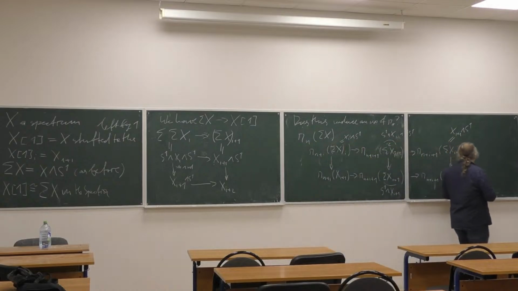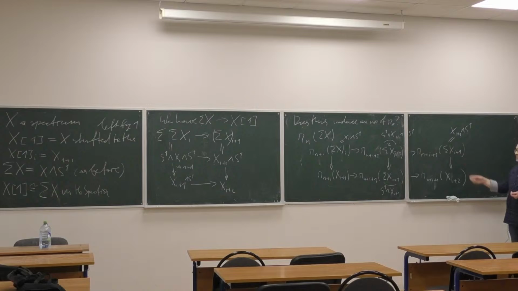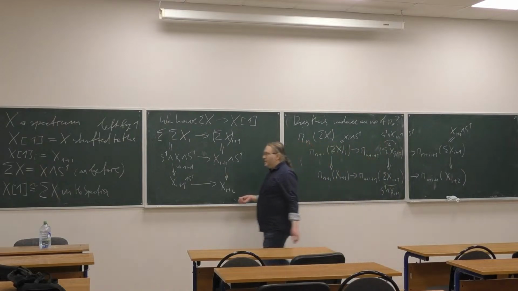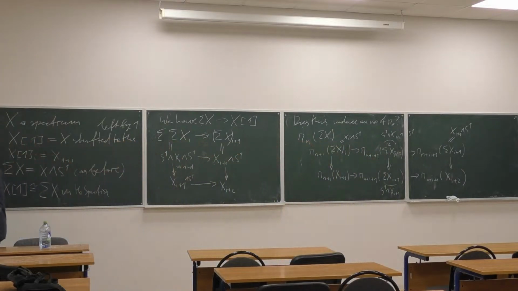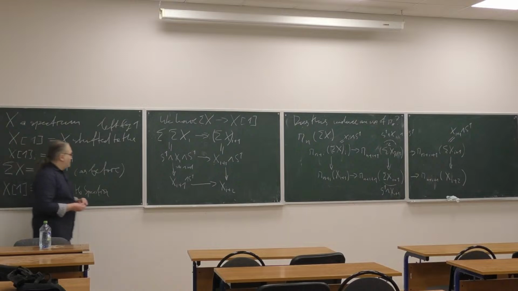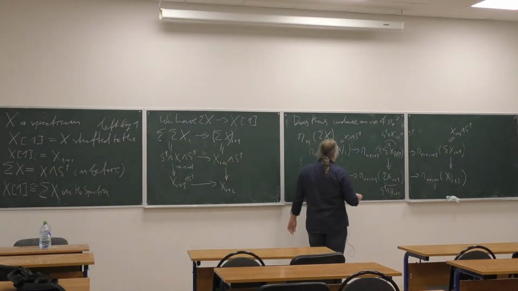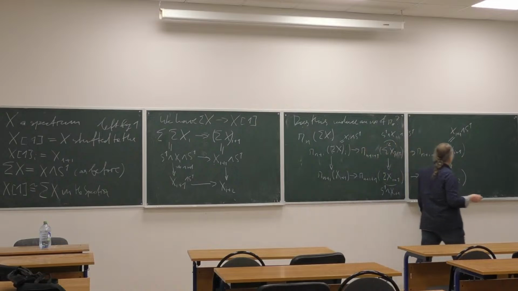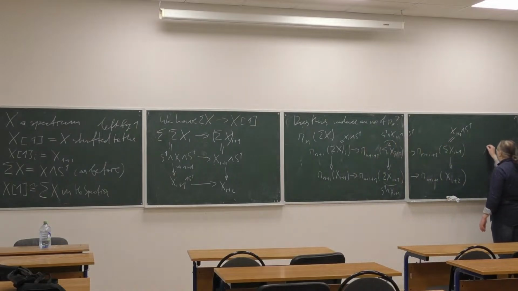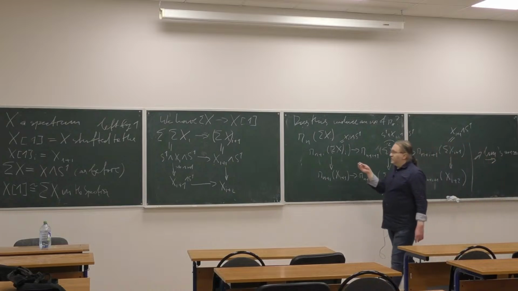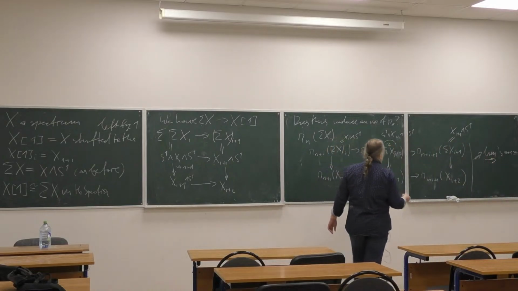Okay, so the diagram commutes, and hence the limits are isomorphic.